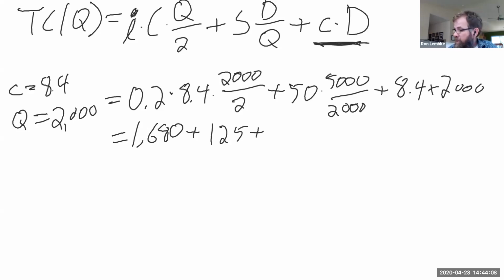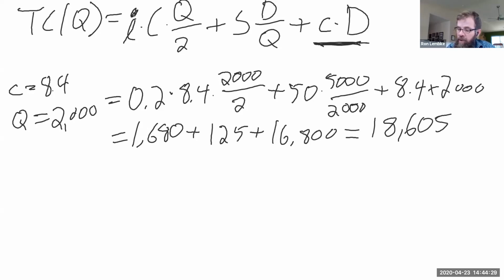And then the cost of the goods, 8.4 times 2,000, so that's 16,800. So adding those all up, you get a total of 18,605. So that, wait a minute.